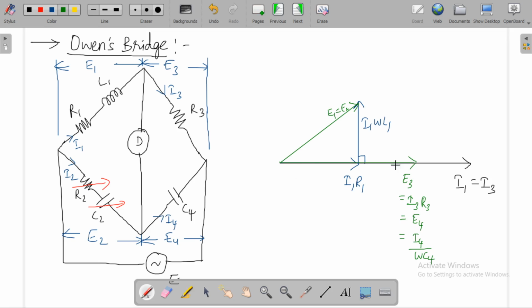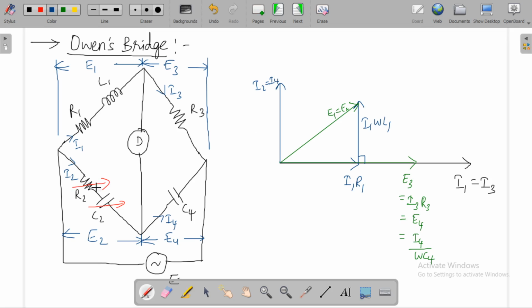So if this is the voltage across the capacitor, that is E4, which is I4 by omega C4, then I2 or I4 leads the voltage by an angle 90 degrees. So this will be I2, and I2 is equal to I4.